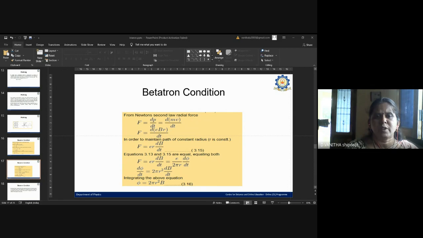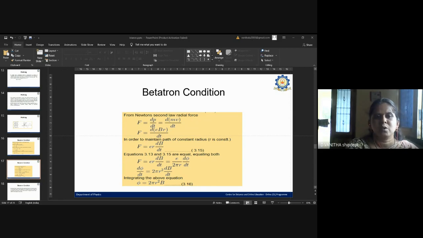And also from this we can calculate the energy gained by the electron. The energy gained by the electron is equal to EBR into C. E is the charge, B is the magnetic field, R is the radius, and C is the velocity of the electron. So the energy gained by the electrons depends upon the magnetic field. If the magnetic field given to the Betatron is more, the energy gained by it is also high.